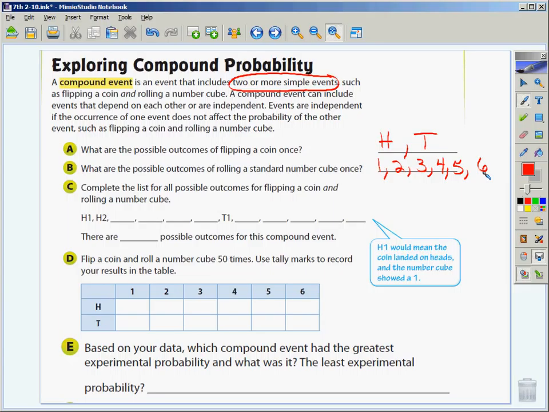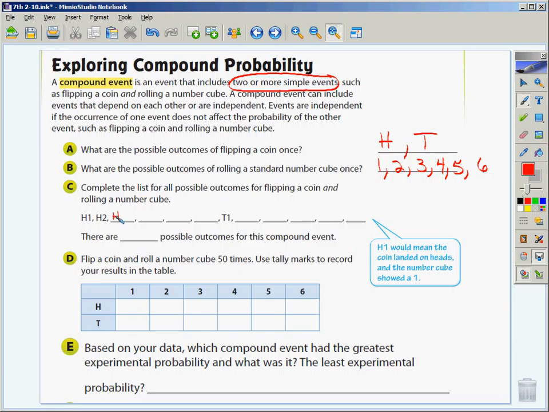When you have compound events, you can figure out the probability by creating tables or lists. It says complete the list for all the possible outcomes of flipping a coin and rolling a number cube. Notice, they said heads 1, heads 2. What am I going to put next?